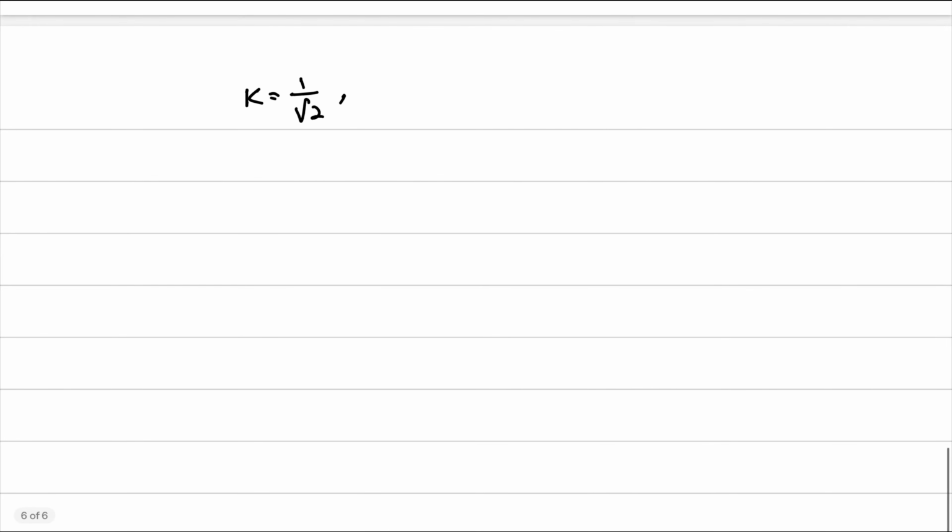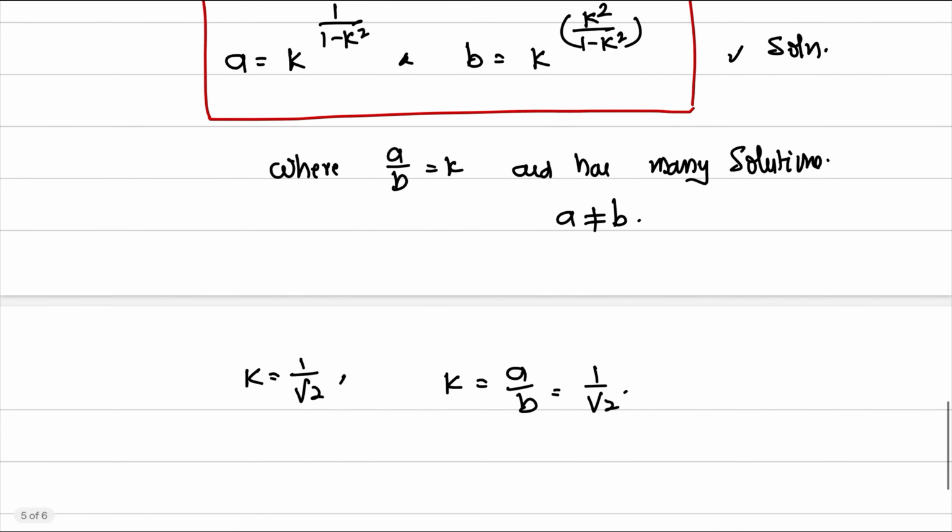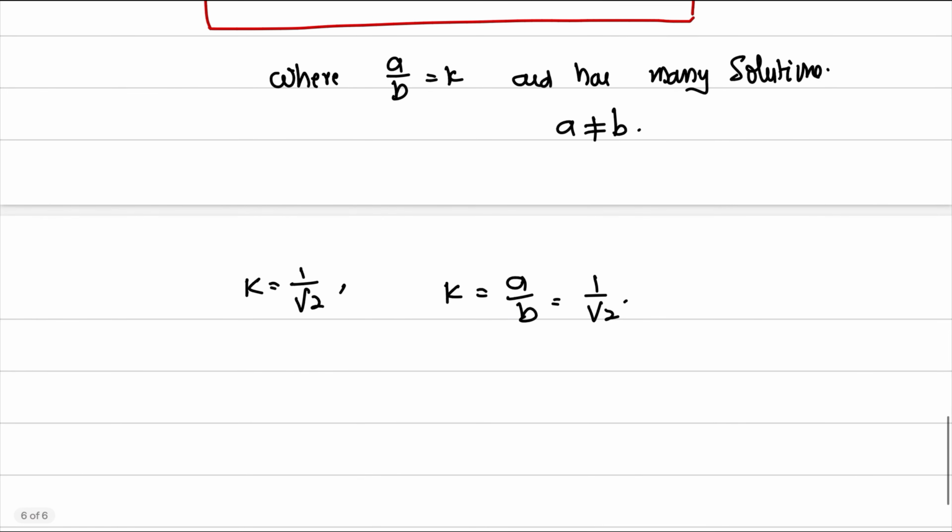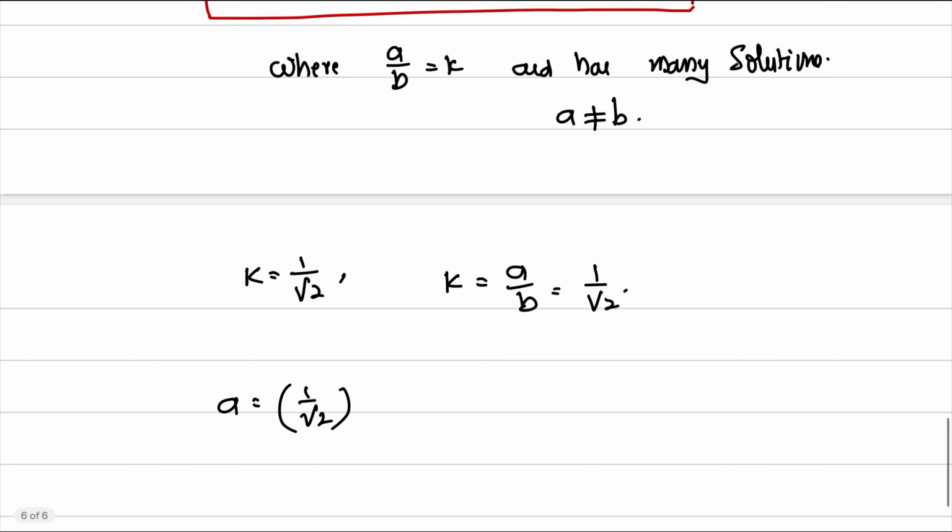Let us say k is equal to 1 by root 2. Let us take some real value. k is equal to a by b is equal to 1 by root 2. We have taken. Now, what is a? a is equal to 1 by root 2 to the power of 1 by 1 minus k square.